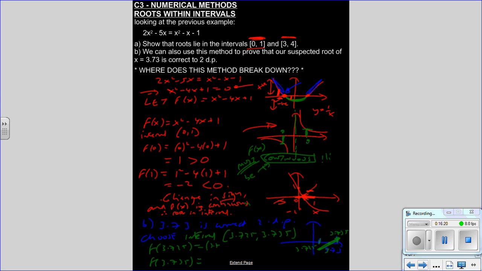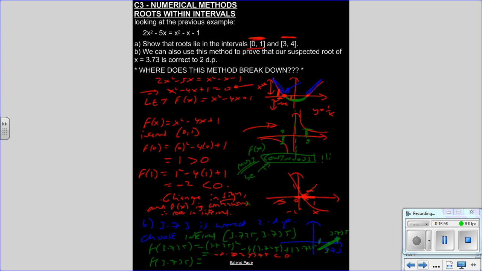So 3.725 squared minus 4 times 3.725 plus 1 equals, whack that in the calculator and write that full value down. Let's do that. So 3.725, use that answer button, answer squared minus 4 answer plus 1, and I get minus 0.024375, which is less than 0.